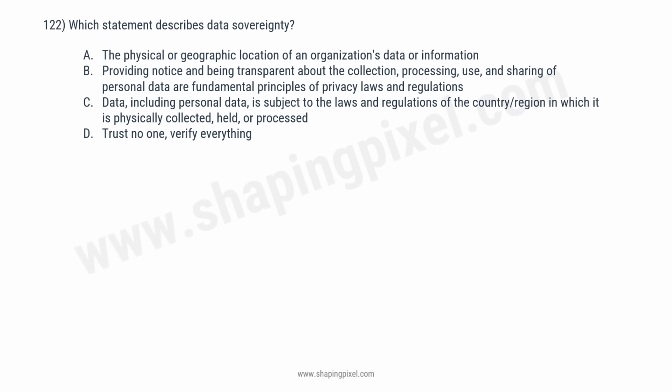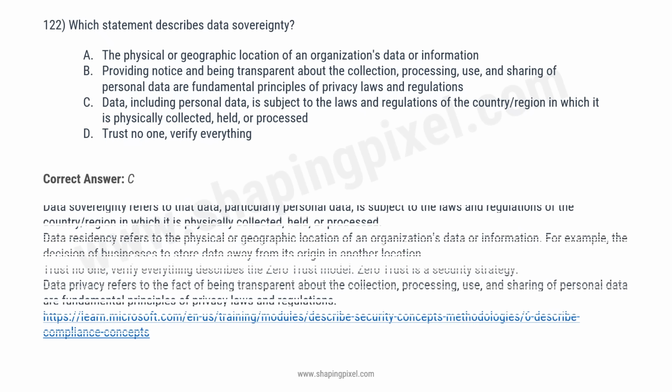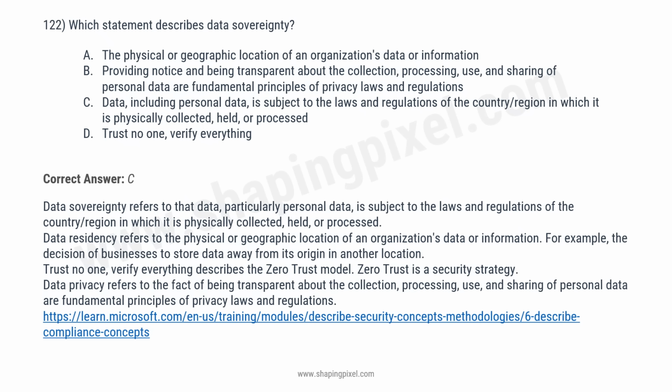Option C, data, including personal data, is subjected to the laws and regulations of the country, region in which it is physically collected, held, or processed. Option D, trust no one, verify everything. So the right answer here is option C. So let's jump on to the next question.